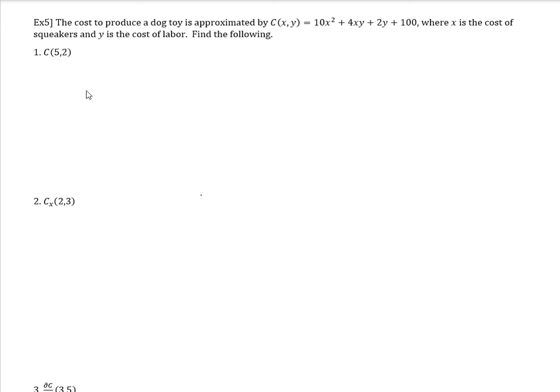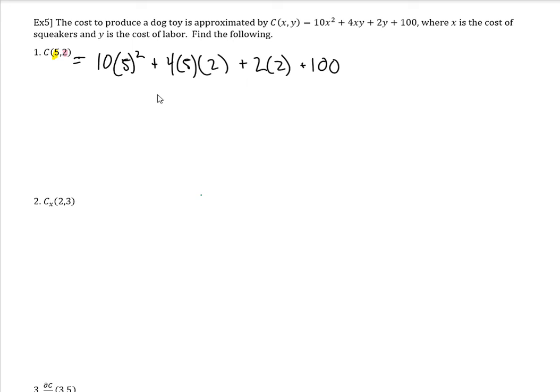On this one, it's just an evaluate. The first one is not even doing any derivative. This is just saying plug your 5 and your 2 into the original function, so no derivative yet. So this is 10 times 5 squared plus 4 times 5 times 2 plus 2 times 2 plus 100.